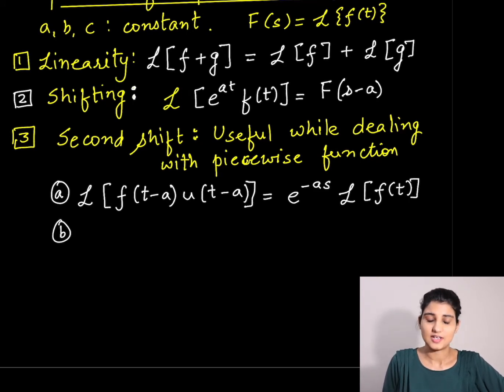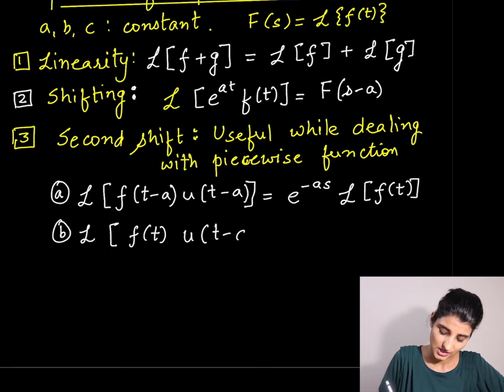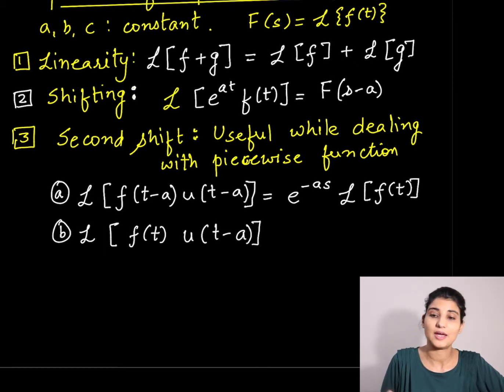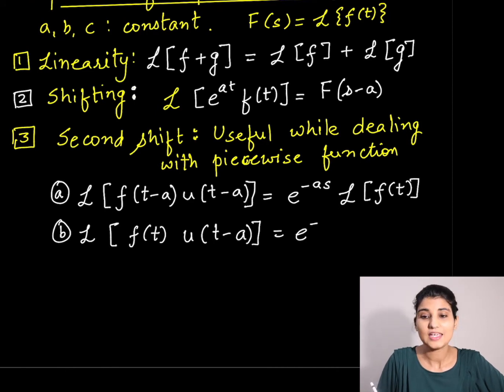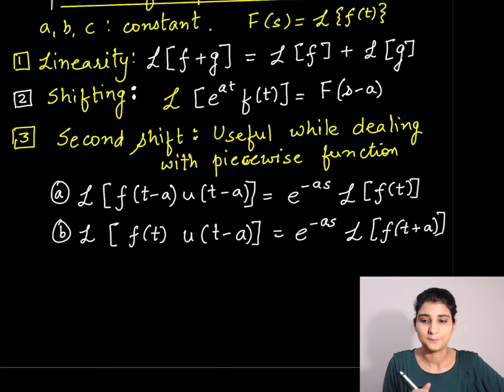The second part, very similarly, we can also talk about Laplace of f(t) times Heaviside function of t minus a. Here instead of f(t minus a) we have f(t). So this is e power negative as times Laplace of f(t plus a). So this is our second shift property.